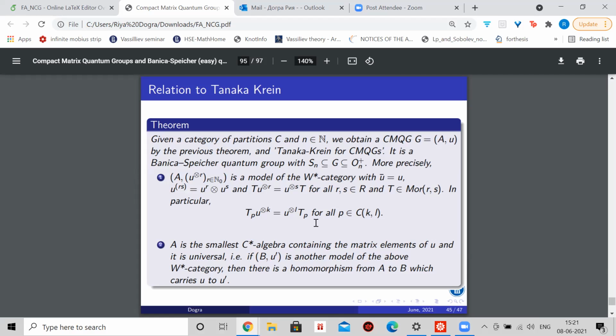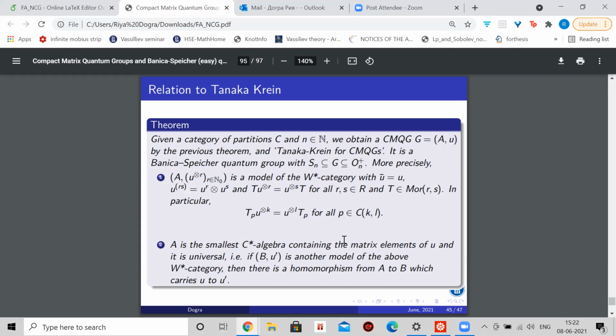And then, by using Tannaka-Krein duality, we generate a compact quantum group. The point is that the category of representations of this quantum group is equivalent to this W star category. And everything, of course, depends on the choice of n, probably. Is that correct? Yeah, I see. Okay, thank you.